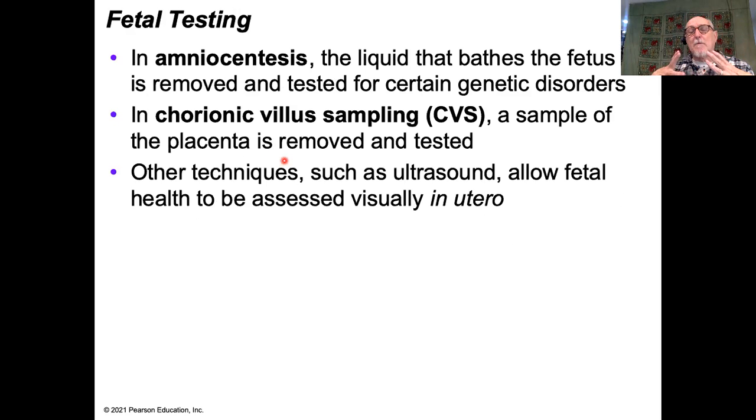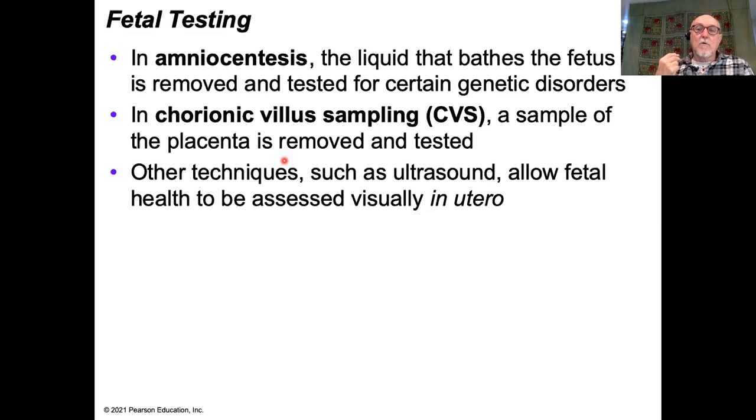For example, we can sample fluid from the amnion, which is one of the coverings around the fetus in the uterus. The amnion is one covering, there is another underneath, and between them there is fluid. And that is the amniotic fluid, and that can be sampled.